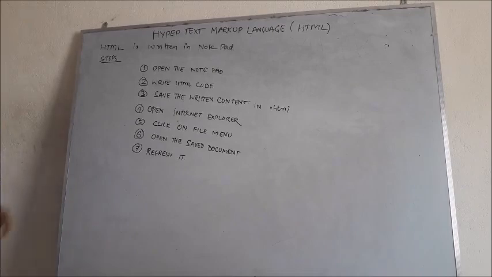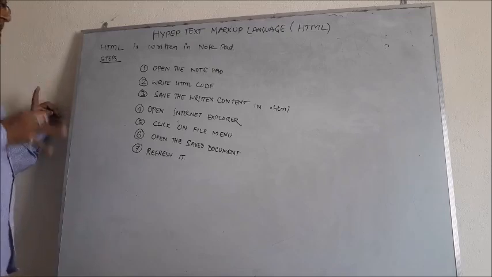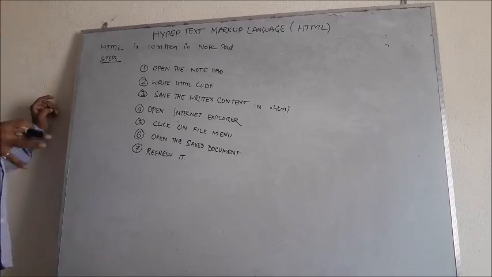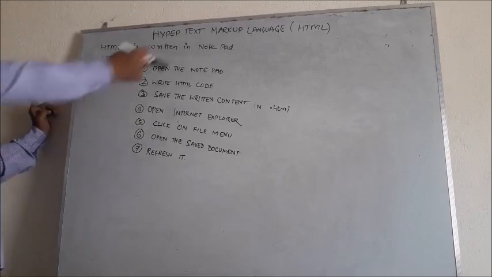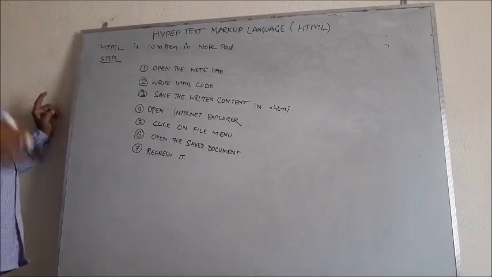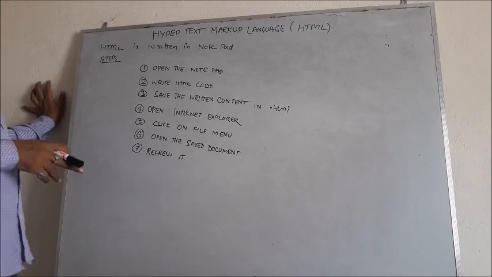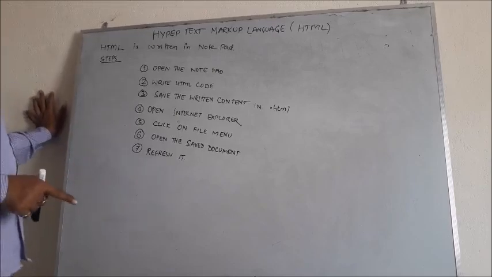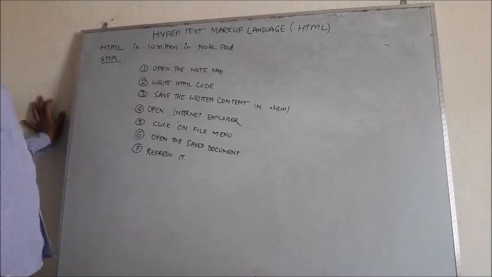So what are the essential steps to write the HTML, and how will the HTML code, whatever we have written in Notepad, create or design the web page in Internet Explorer? I am going to tell you that step by step. First of all, in the Windows operating system, open Notepad, right?